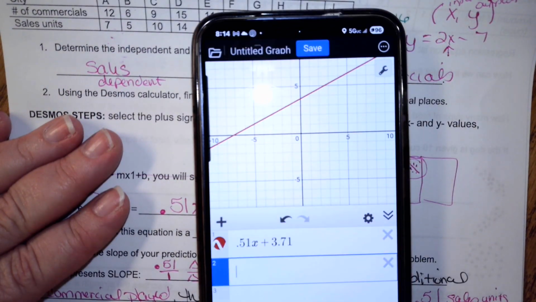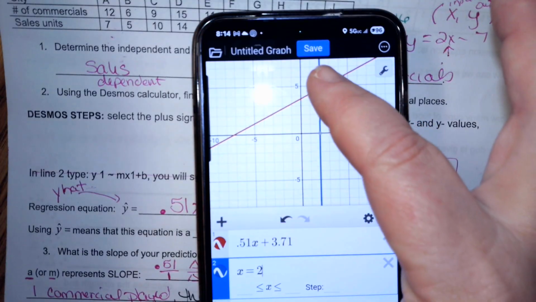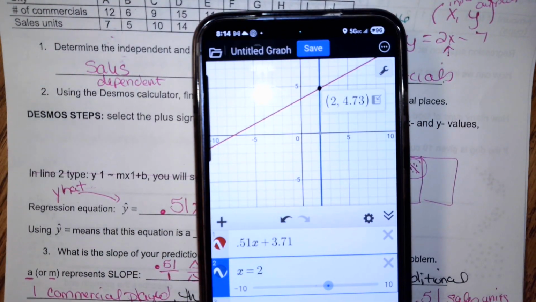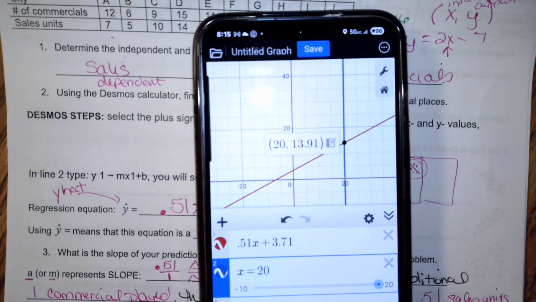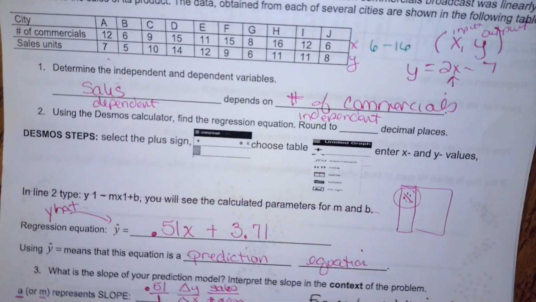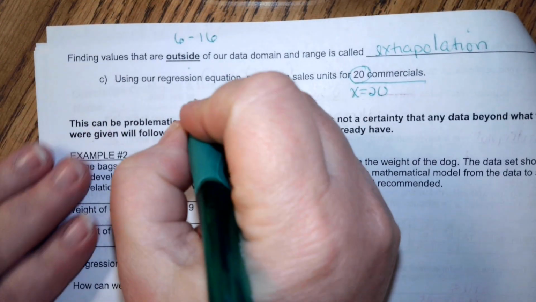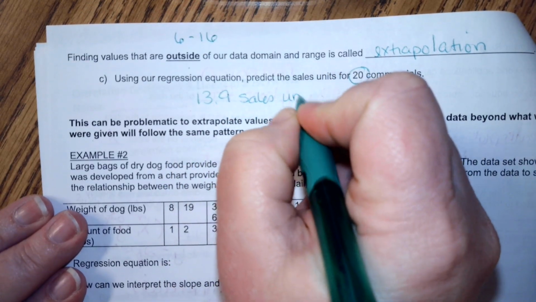We can come to the next line and say literally x equals 20 and see where they intersect. Oops, I do have a 2 there, don't I? Let's try it again. When x is 20, what's the number of sales units? Let's round that to the nearest tenths. So here we get 13.9 sales units.